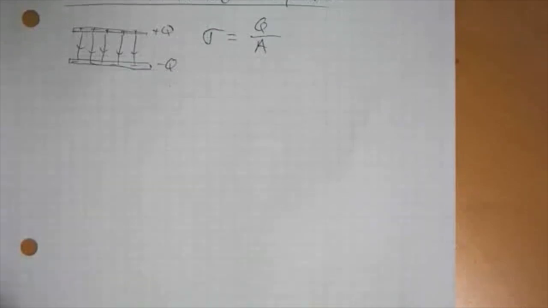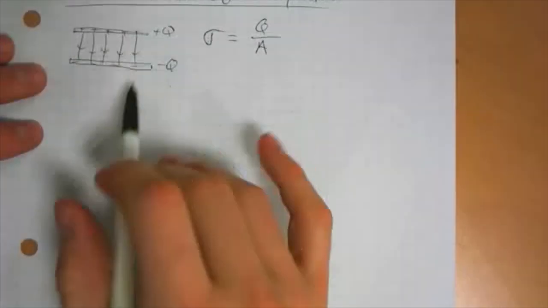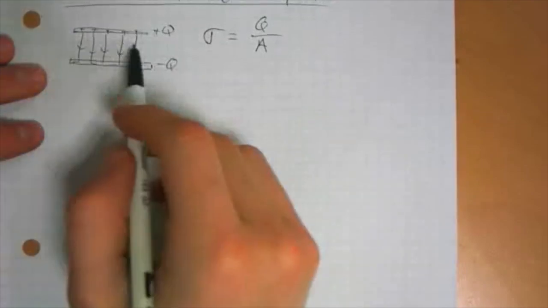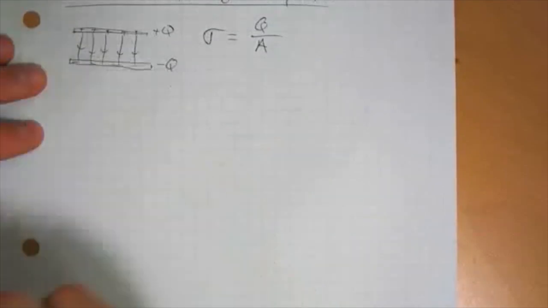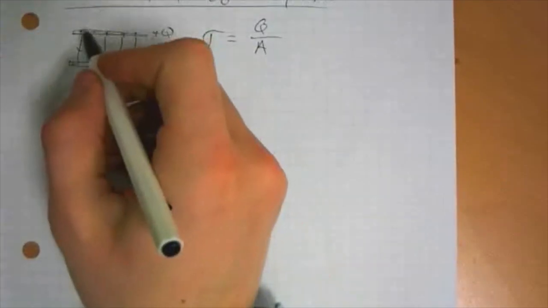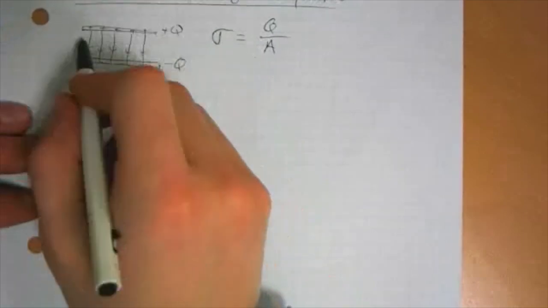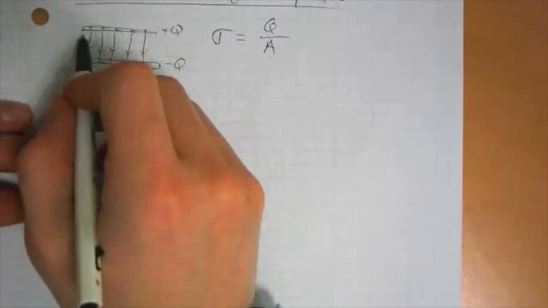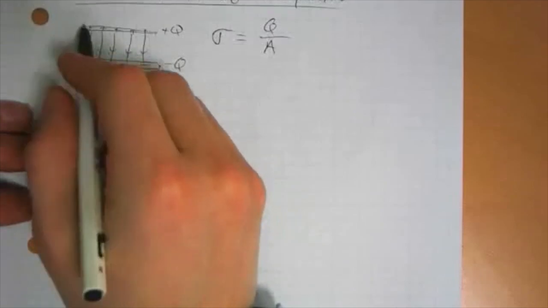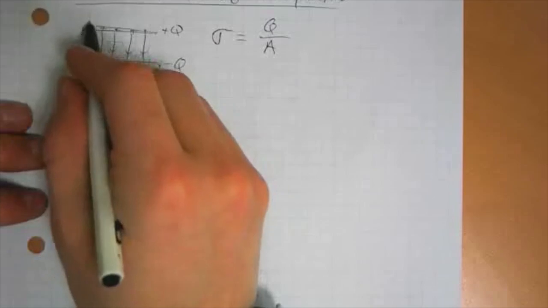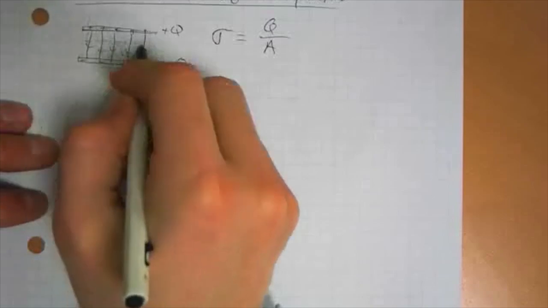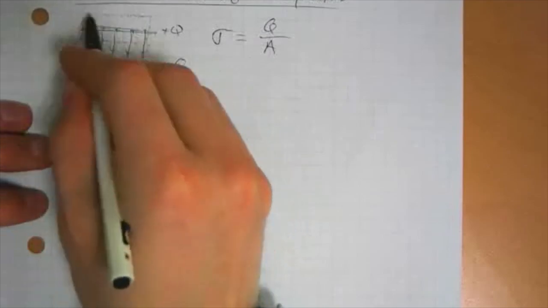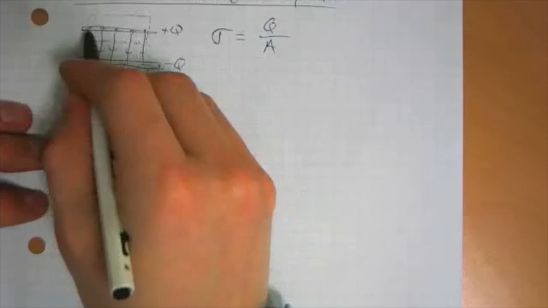For the electric field of a capacitor, we want something that will hit this surface perpendicularly. So what is useful to use is a Gaussian rectangular prism, I guess, that is partially inside the capacitor and partially not.